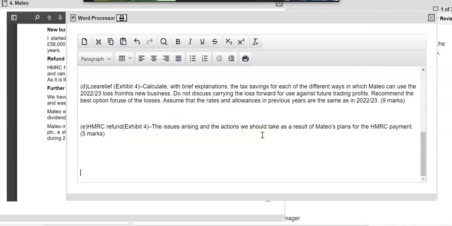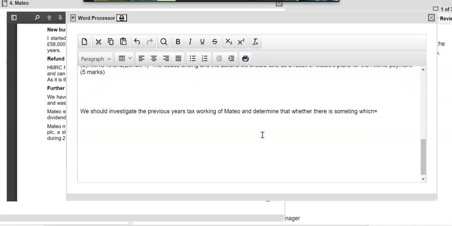Okay, I will write that we, the tax advisors, should investigate the previous year's tax workings of Matthew, M-A-T-E-O, and determine whether there is something which might make him eligible to get a refund, right?